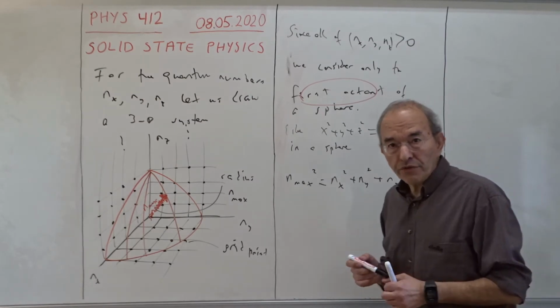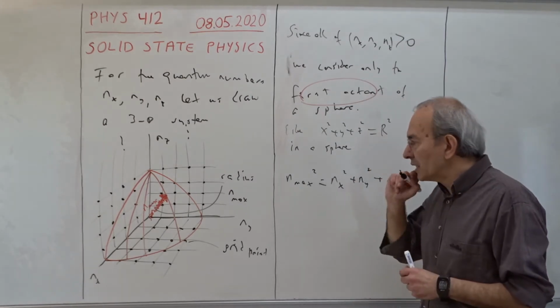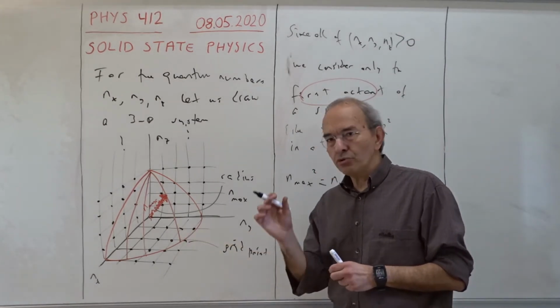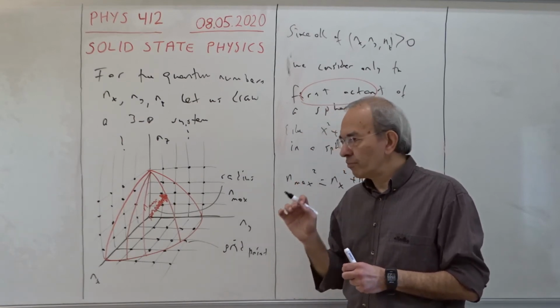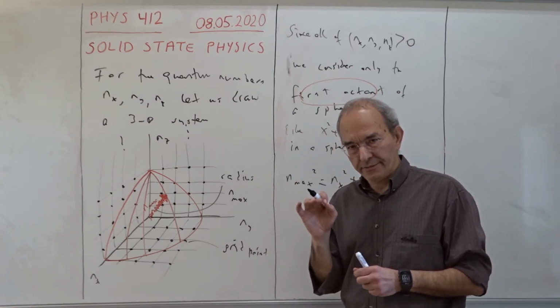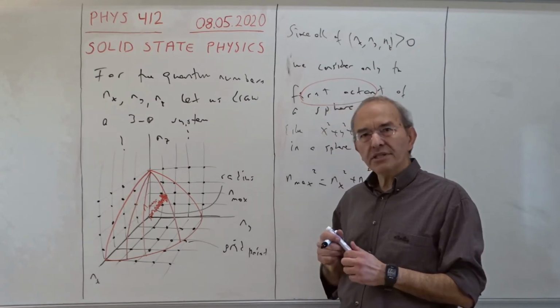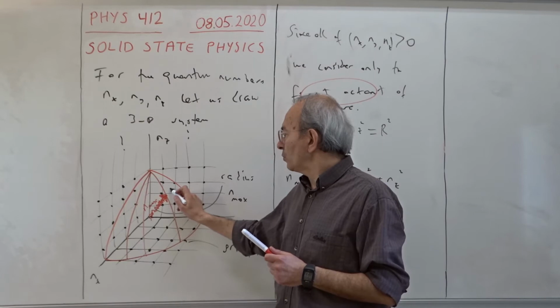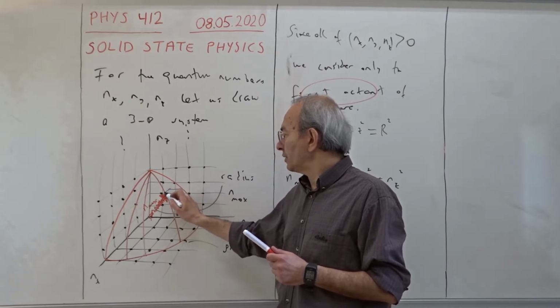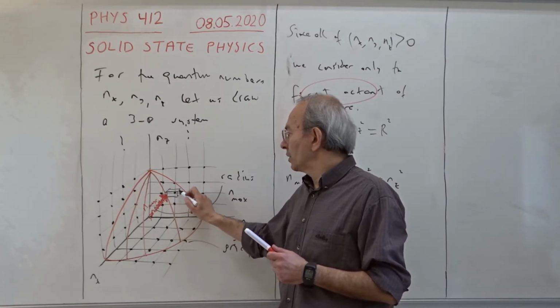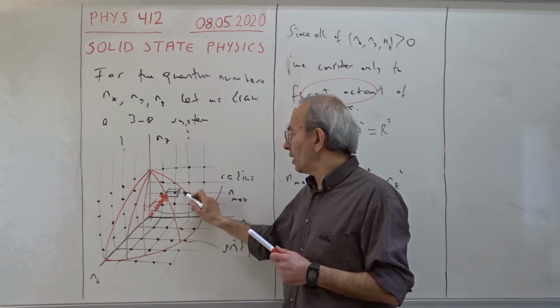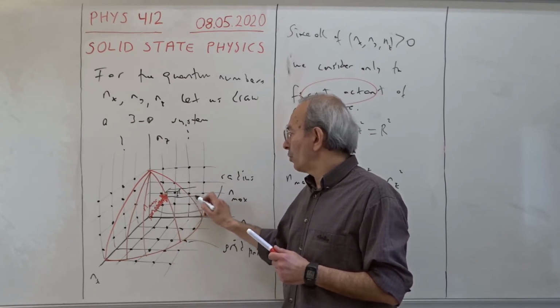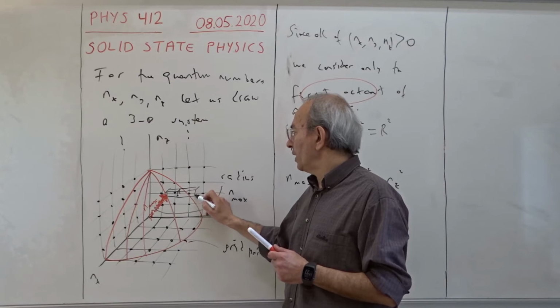But what is the volume of a sphere? Because each point corresponds to a combination of n's. But you can also consider that at each point there is a cubical box, for instance. So there is a cubical box around it. At the next point we have the next cubical box, and the next one, etc.